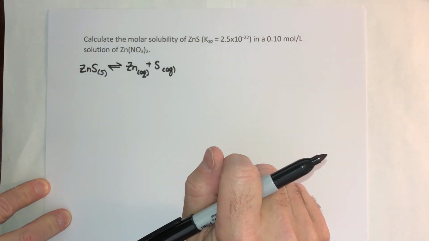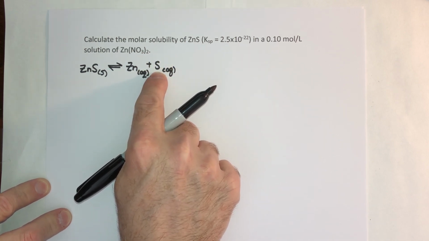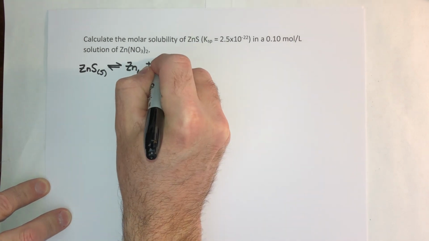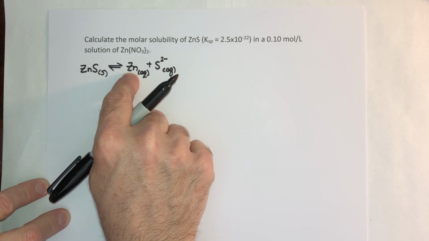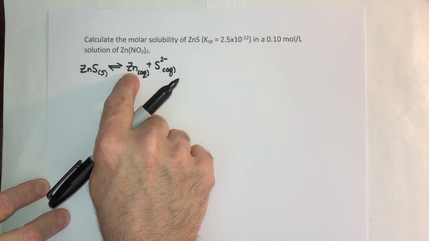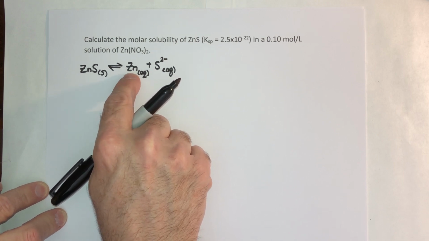Now let's talk charges. If you remember, sulfur is in group 6 on your periodic table, and anything in group 6 on your periodic table has a charge of -2. Your zinc is a transition metal, and usually transition metals have more than 1 charge. But zinc is a bit of an odd one. If you go to your transition metals, there's only 2 elements that don't have multiple charges, and zinc is one of them.